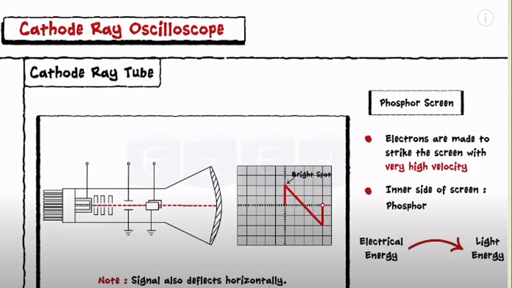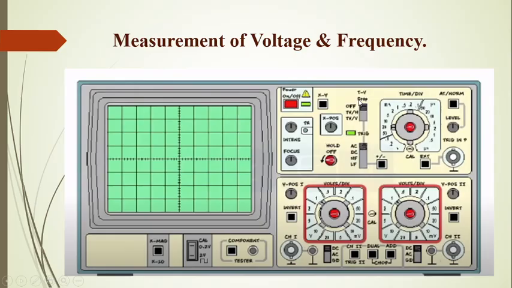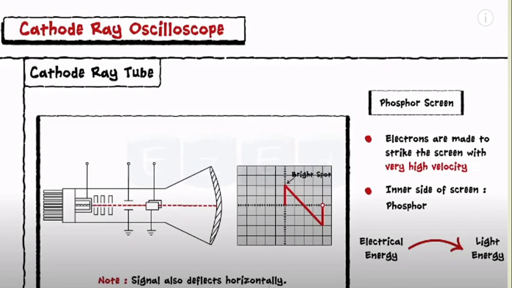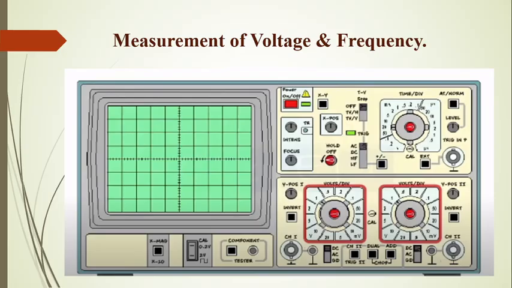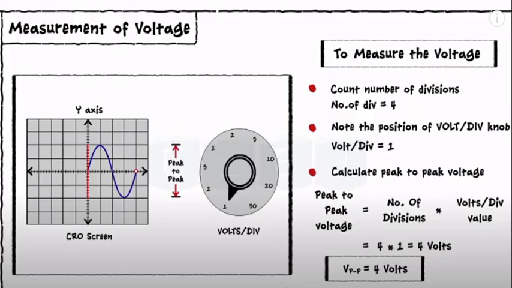Now using the CRO, we measure voltage and frequency. To measure the voltage, see in the figure, that is the screen of the CRO and that is a sine wave.